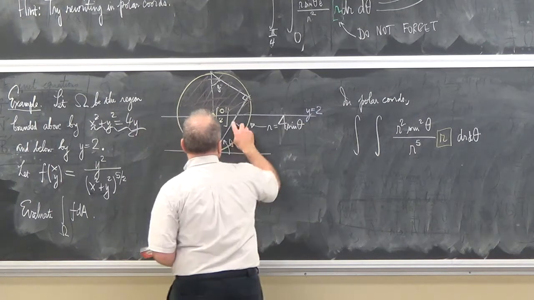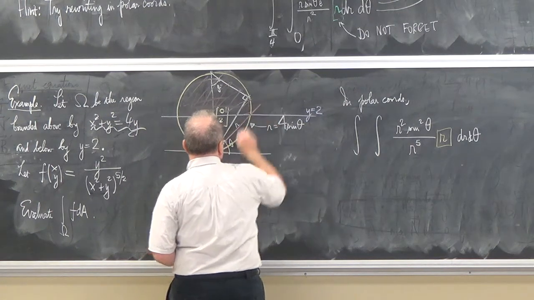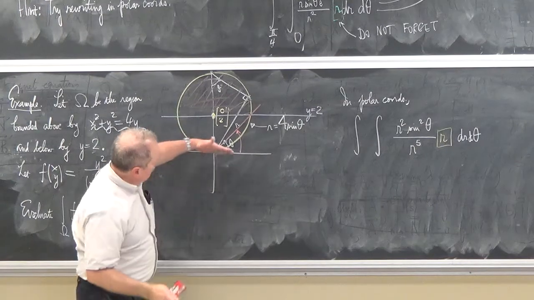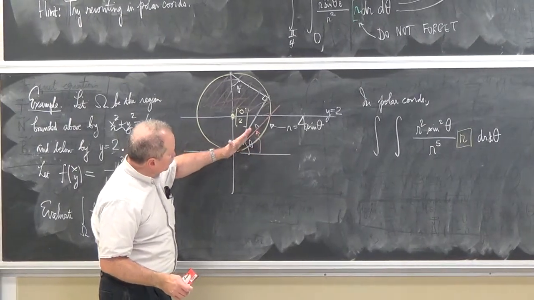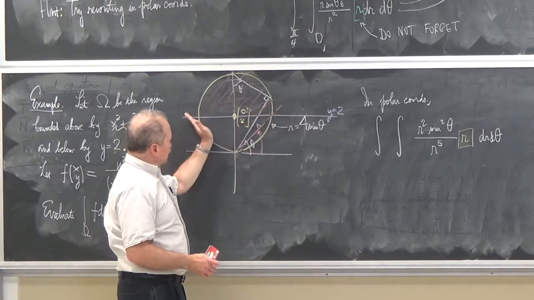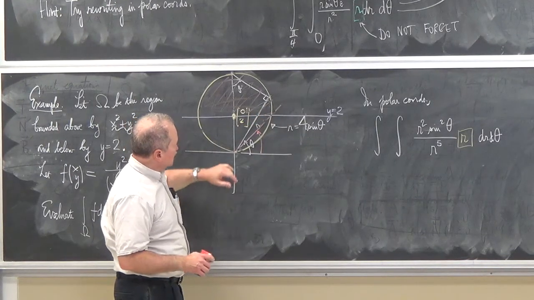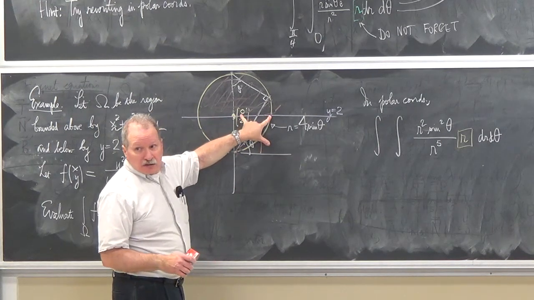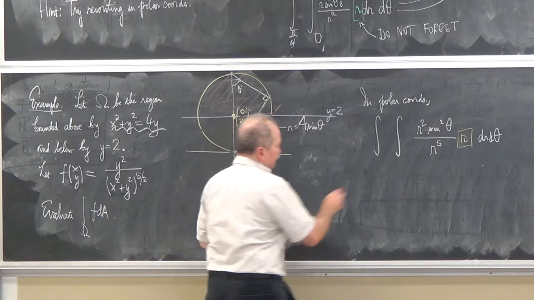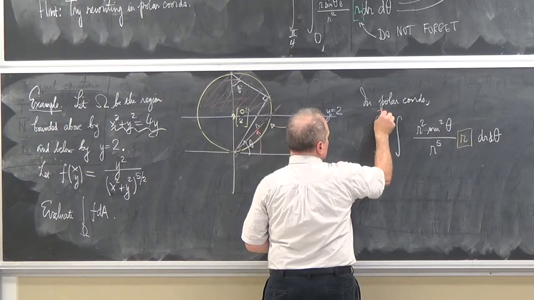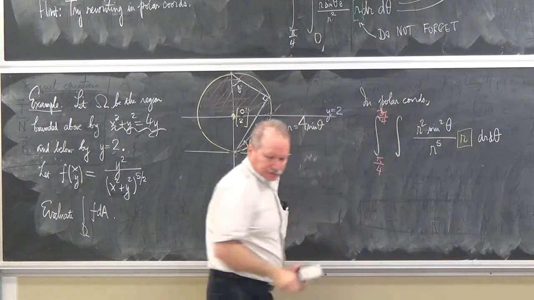As I imagine swinging theta around, it enters the region at that value of theta and then goes symmetrically over there. Is it obvious that that's pi over 4? It's 2 up, 2 over, so it's pi over 4. And you're correct, it goes to 3 pi over 4.